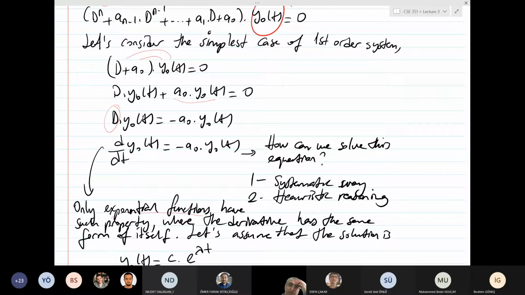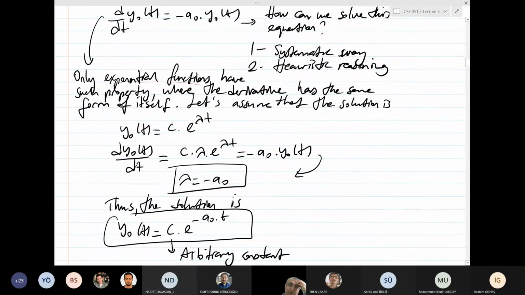So therefore, let's assume that the solution is an exponential. y0 of t is equal to c, a constant, times exponential lambda t. Let's take the derivative of y0. You end up with c times lambda times exponential lambda t.